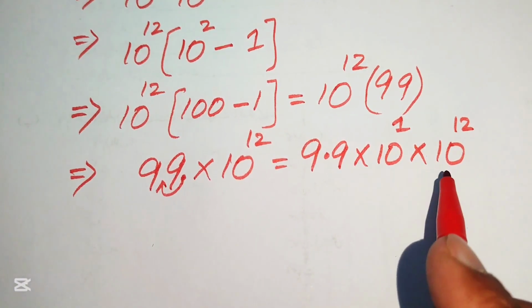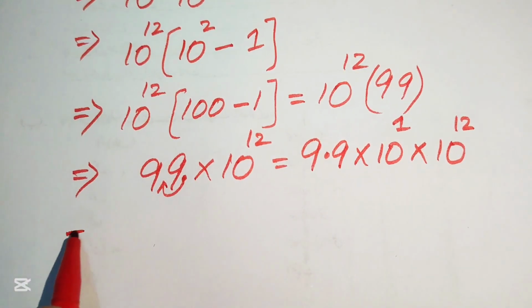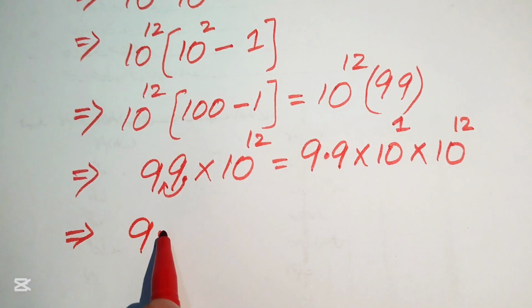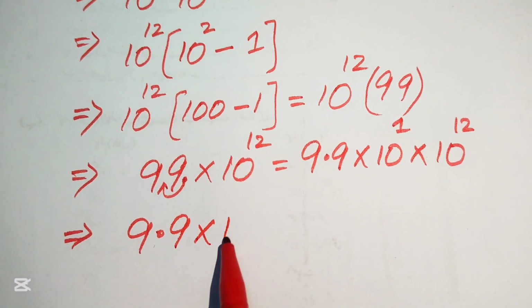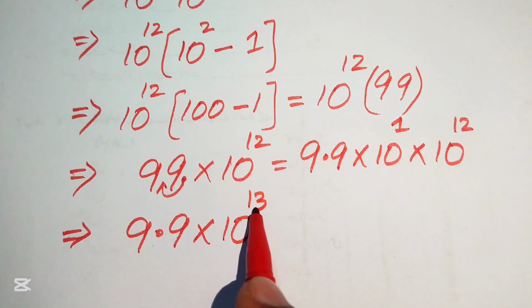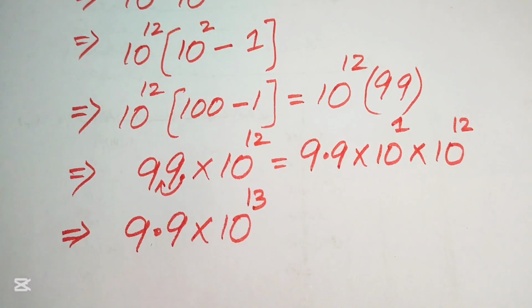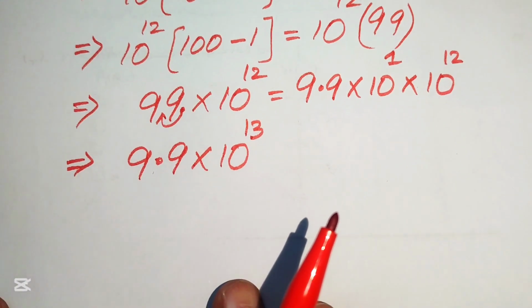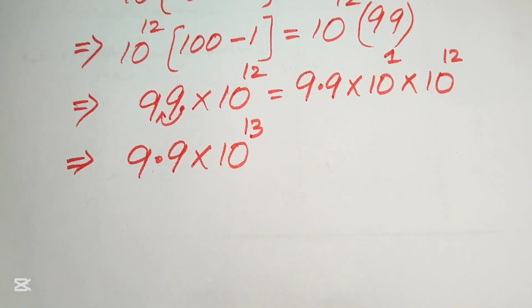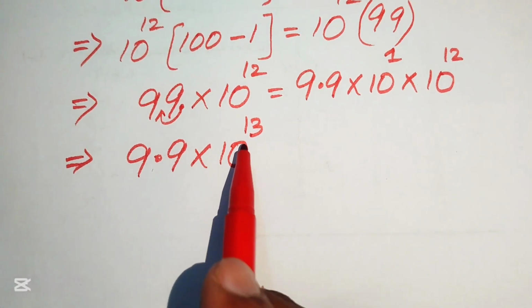So here you see that the bases of these two terms are the same, so we write it as 9.9 multiplied by 10 raised to power 13. So here you have 1 plus 12 becomes 13. Okay, so after that you see the exponent of this 10 is positive.